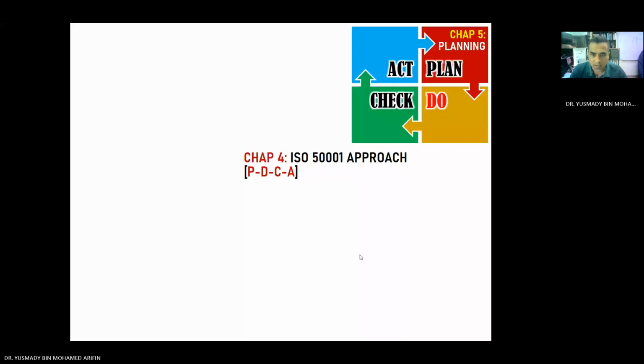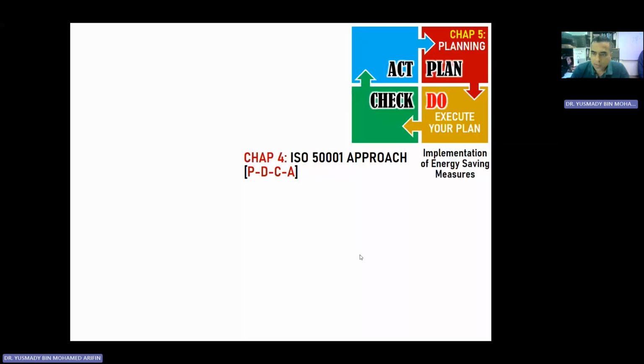The do step in this chapter refers to how we execute our planning for the energy management system. We need to execute in order to improve the energy performance of a specific organization.